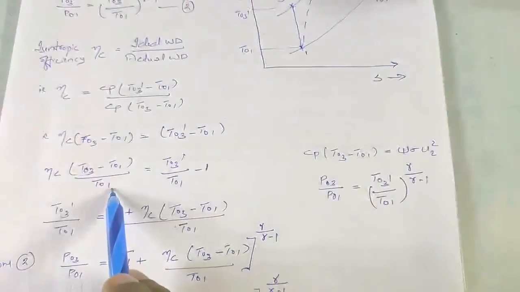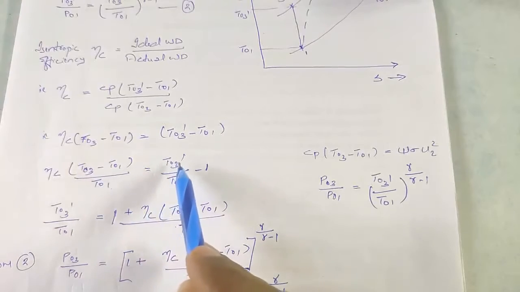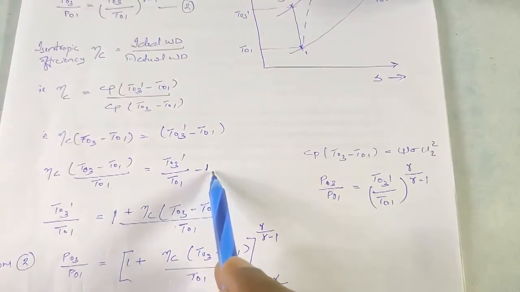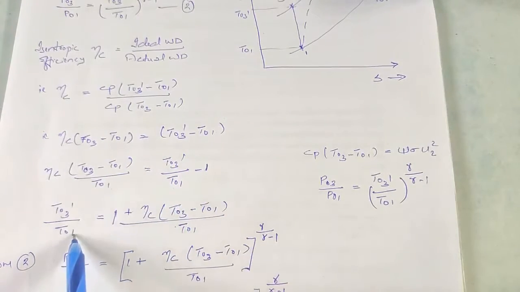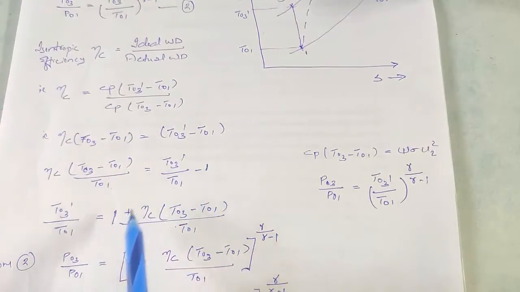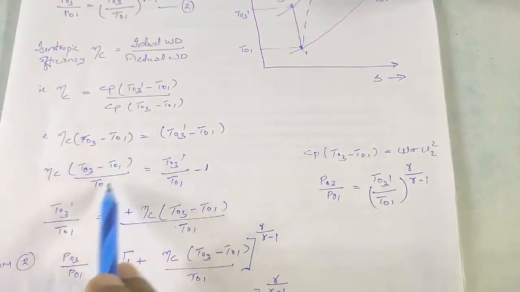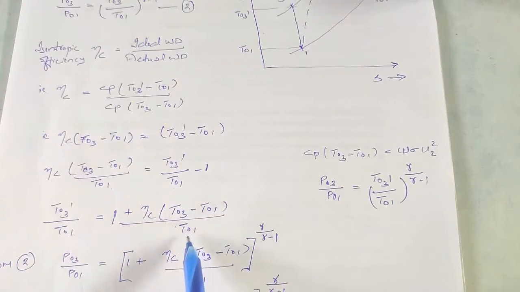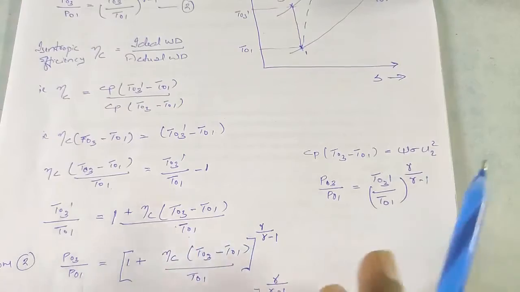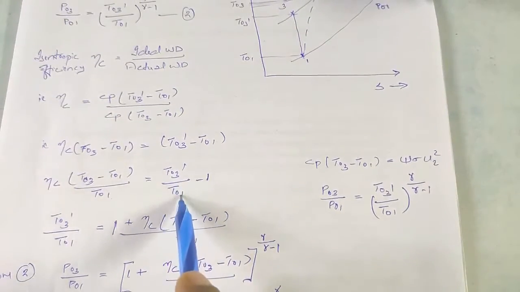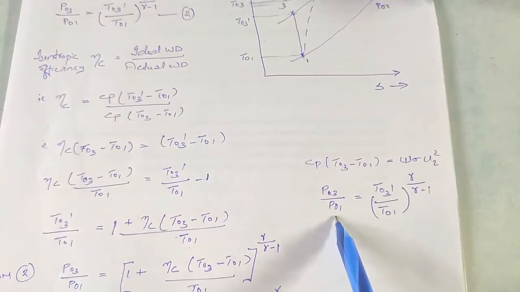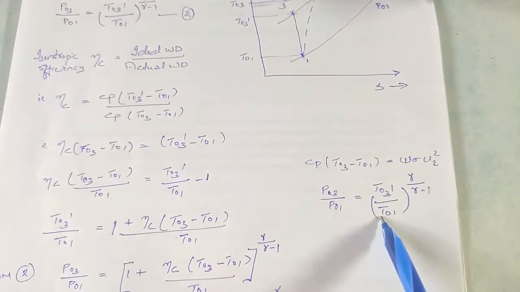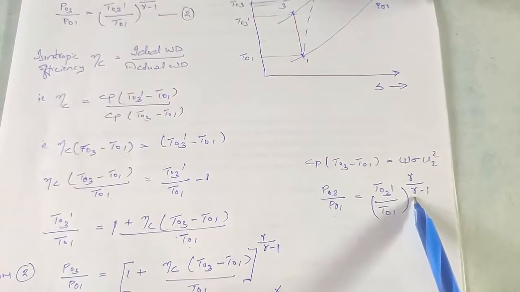So dividing by T01, we will get T03 by T01 minus 1. So that means T03 dash by T01 will be equal to 1 plus eta C into T03 minus T01 by T01. Now apply this equation: P03 by P01 is equal to T03 dash by T01 all raised to gamma by gamma minus 1.